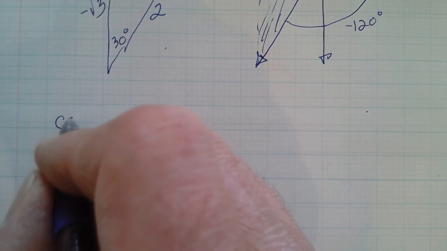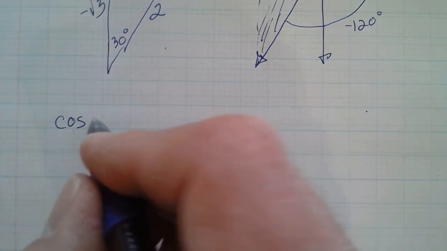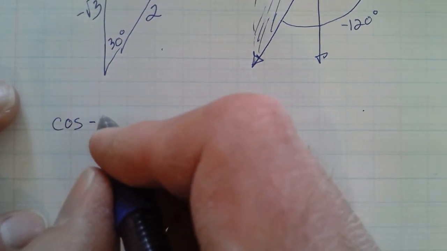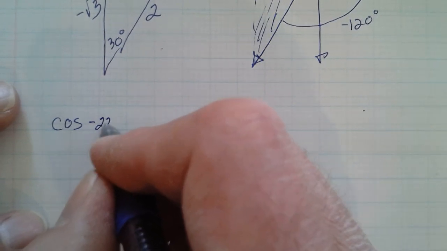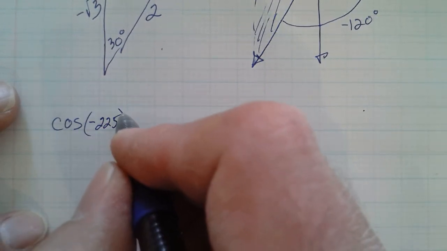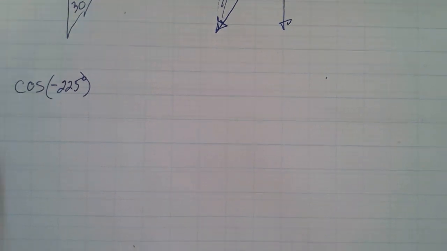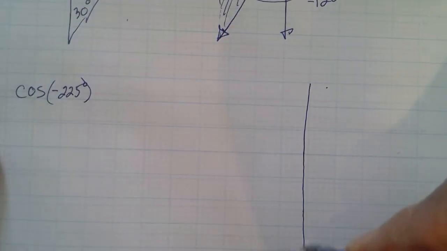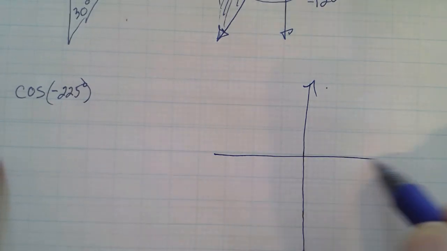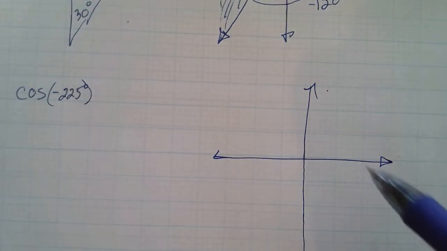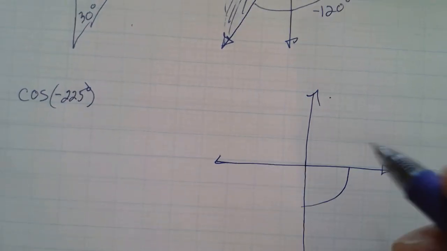Let's say I want to find the cosine of negative 225. All right, so negative 225. There's negative 90.